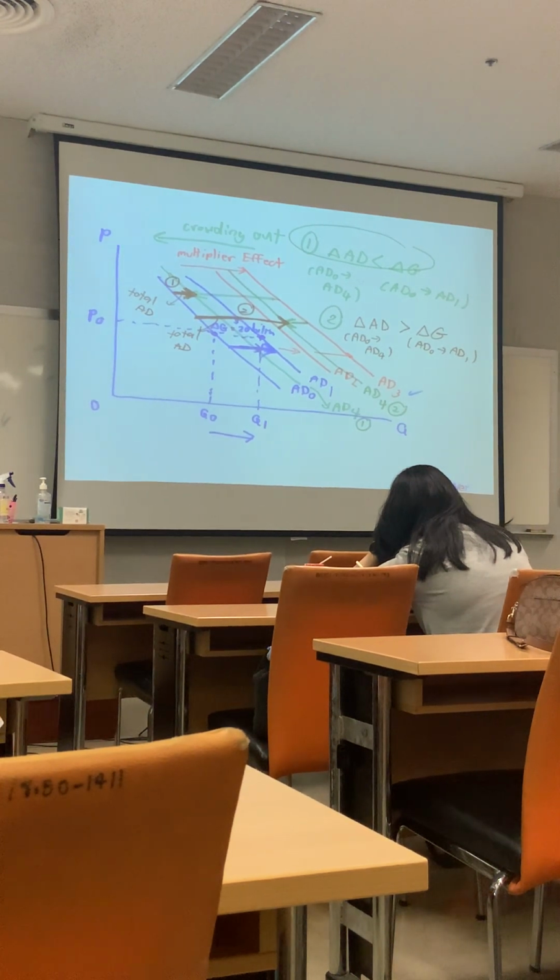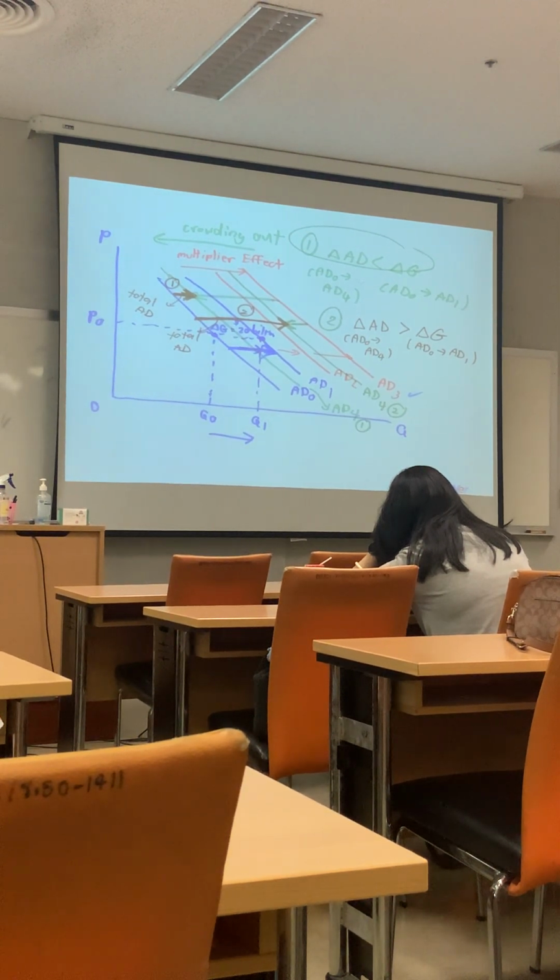Okay, so this is the finish of crowding out. So when you explain it, you need to show it two ways, to explain crowding out. Even if the question doesn't ask you, this is the crowding out effect, so you need to explain it all, because this is all of the effects of crowding out.